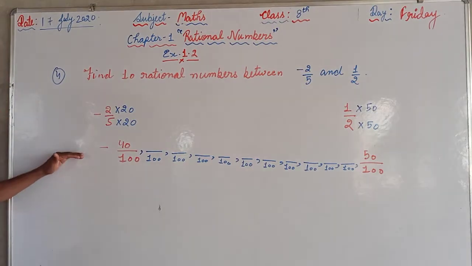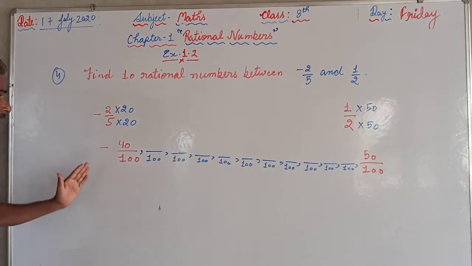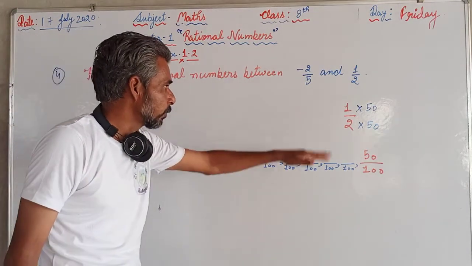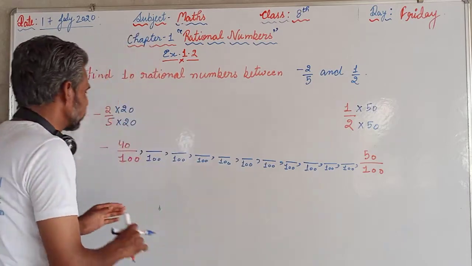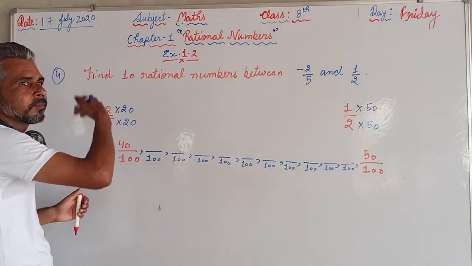But the value of p will be different because we have to find different rational numbers between -2 upon 5 and 1 upon 2. Means it should be greater than -40 upon 100 and smaller than 50 upon 100. So anything greater than -40 can be taken.